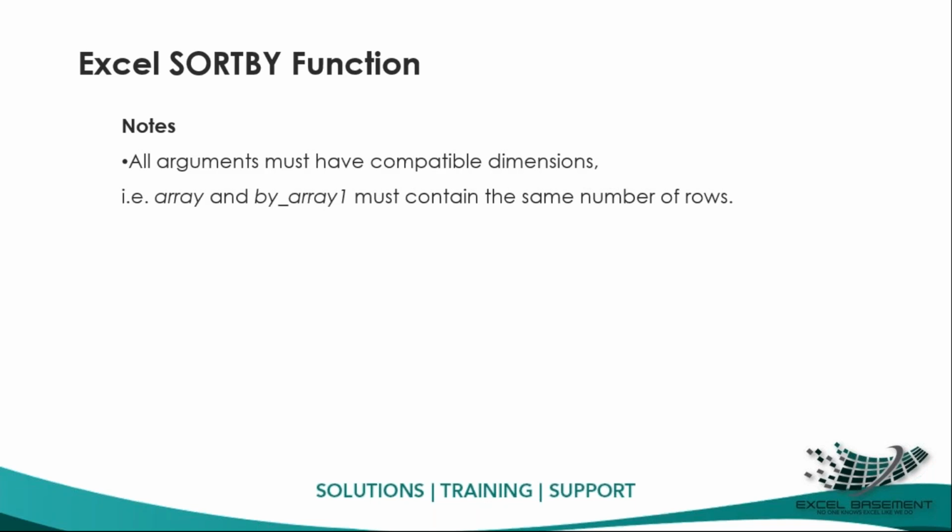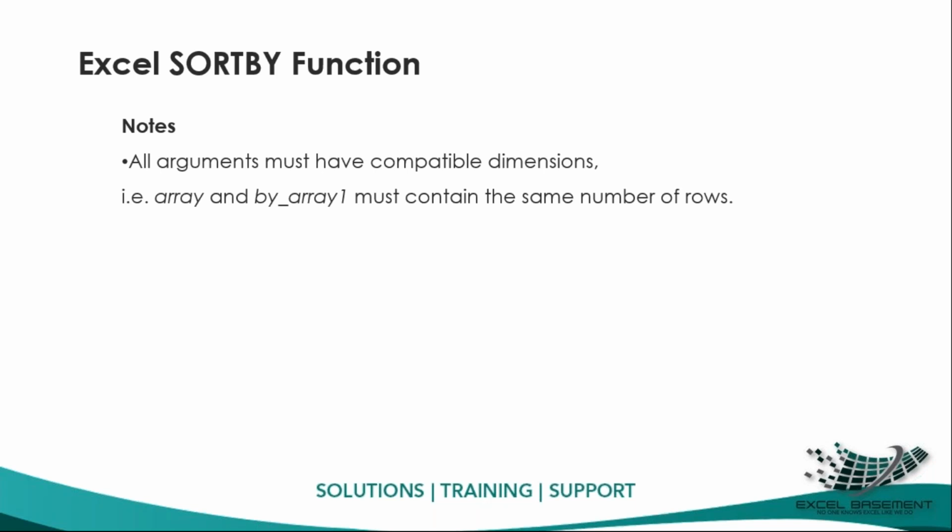There are a few important notes towards the sort by function. Let's discuss this first, and then we will quickly jump to the Excel demonstration part. All arguments must have compatible dimensions. This means that array and by array 1 must contain the same number of rows, the equivalent number of data. It doesn't mean that array has 10 rows of data and by array has 8.